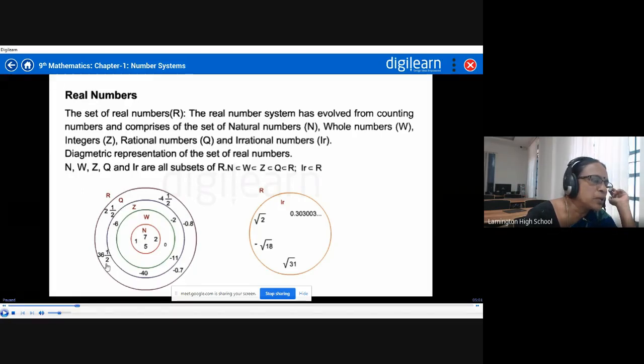And after that, there is a set of numbers called irrational numbers, like root 2, root 3, root 5, 0.303003, and so on. These are called irrational numbers.